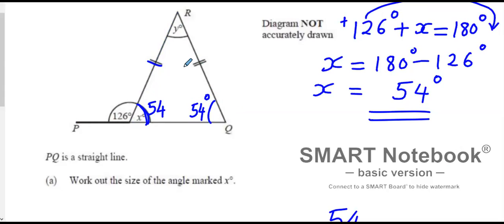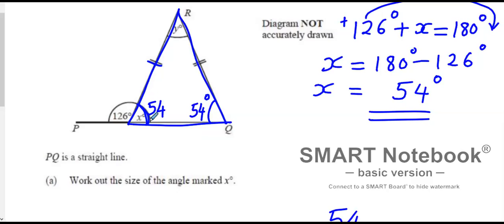Now we know that angles in a triangle add up to 180 degrees, you see? So if you have a triangle, all angles in a triangle add up to 180 degrees.